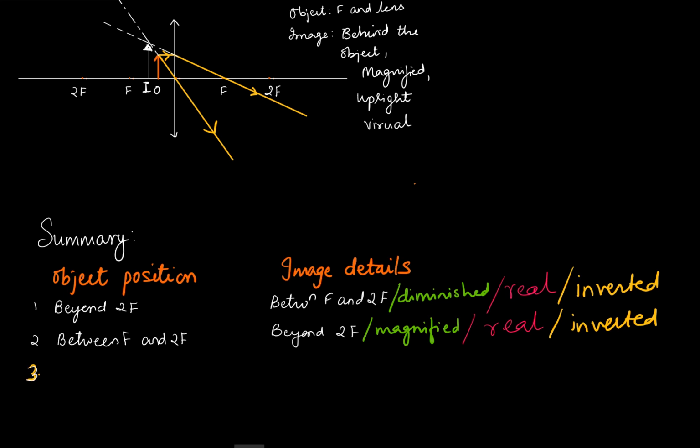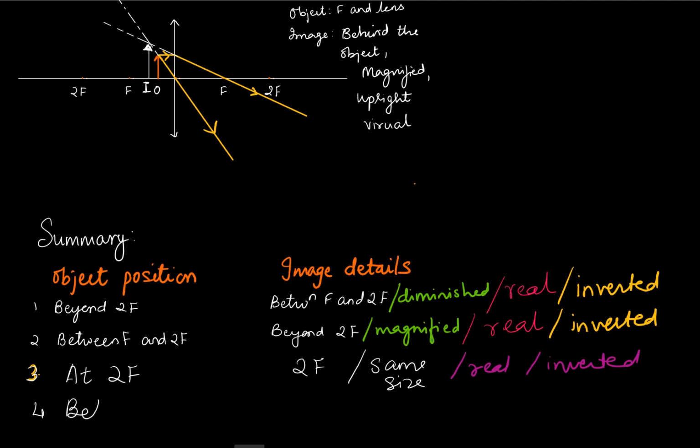Third one is, if the object is at 2F, image also will be at 2F, and it will be the same size. Rest things being the same, that is, it's going to be real, it's going to be inverted. Okay, and when it is between F and the lens, now you know it's a special case.